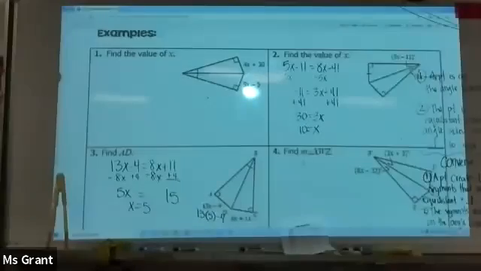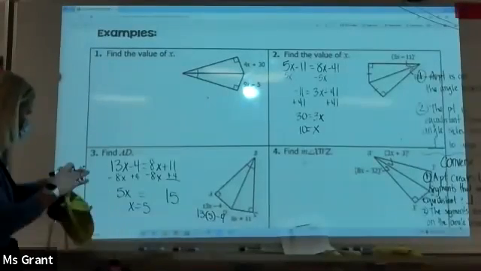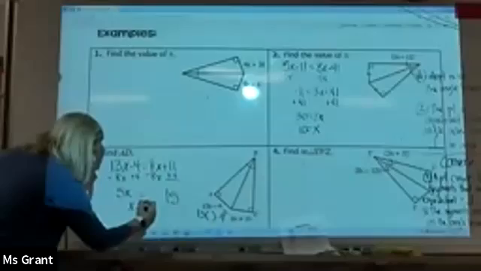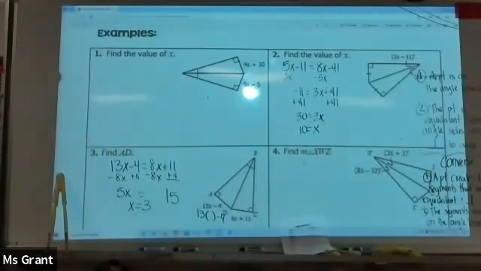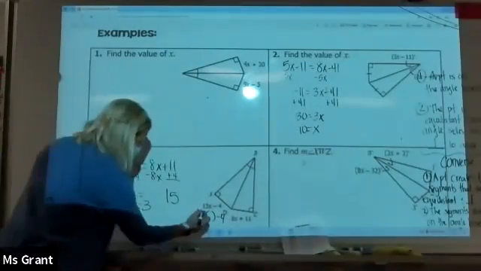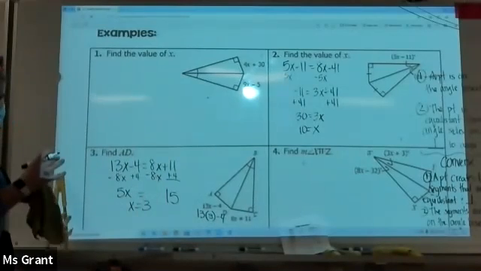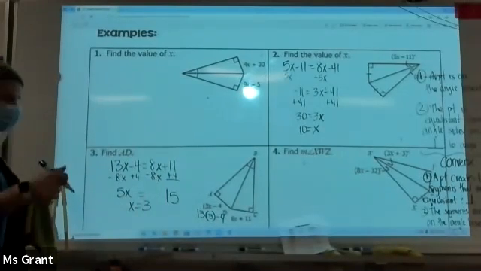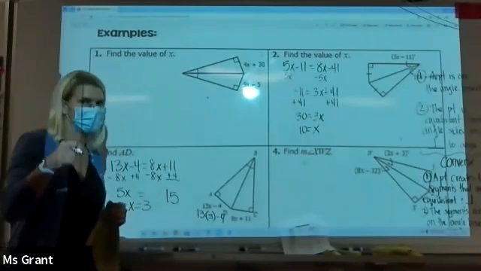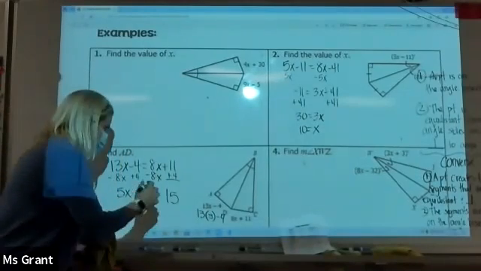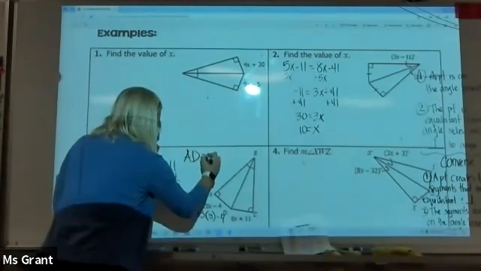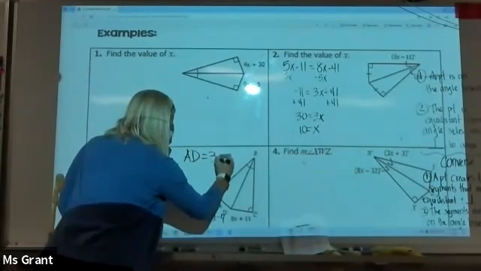Is it x equals 3? I don't know. Am I doing it wrong? Yeah. I know how many times 5 goes into 15. I'm not paying attention. I'm trying to rush because I have like 6 minutes left. 13 times 3 minus 4. 13, 26, 39. 39 take away 4. AD equals 35.